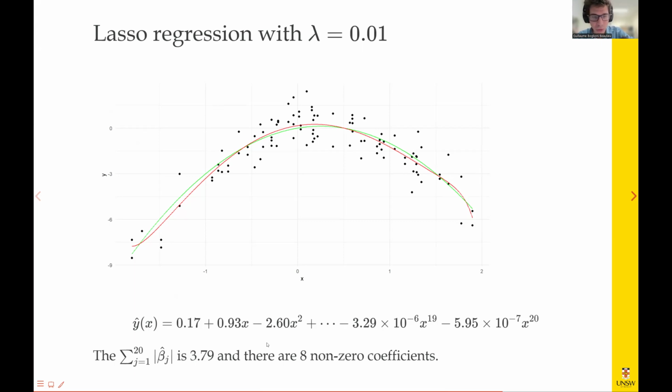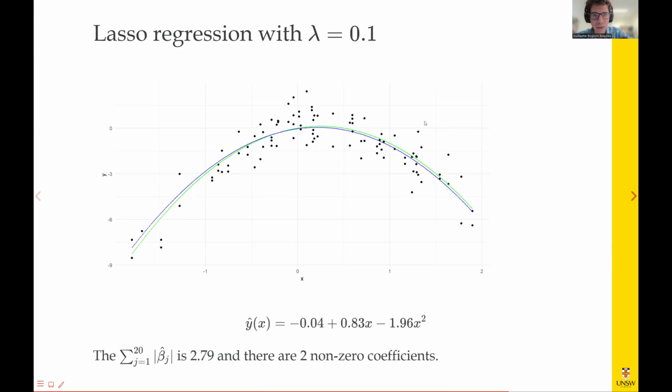And here it tells you that now there are only 8 non-zero coefficients. So already with a small penalty, we've shrunk 12 of the predictors to exactly 0, and in this example there are only 8 that are non-zero.